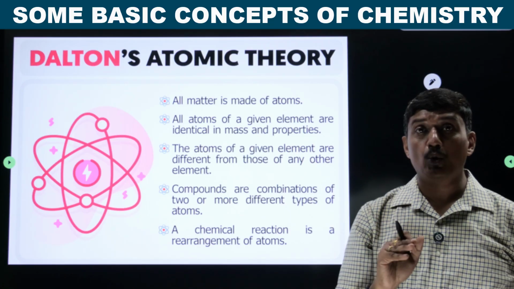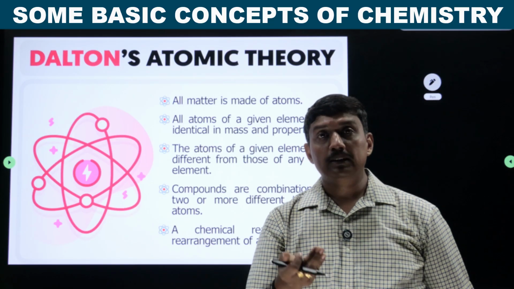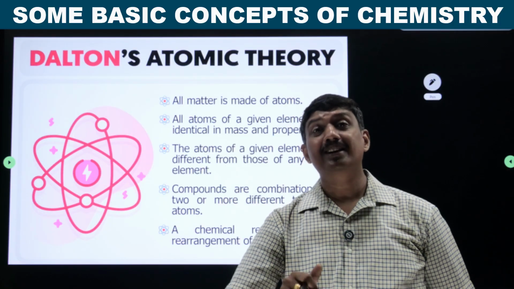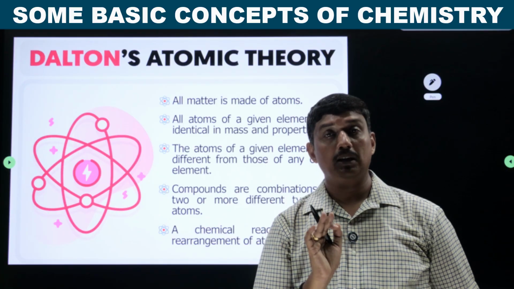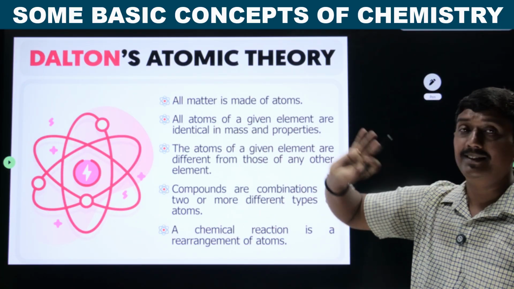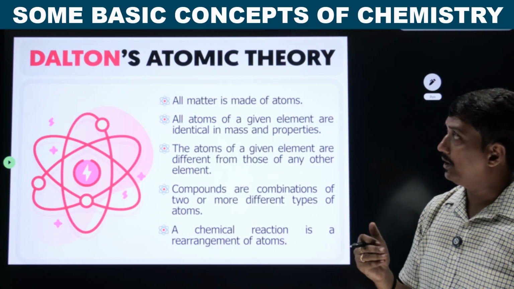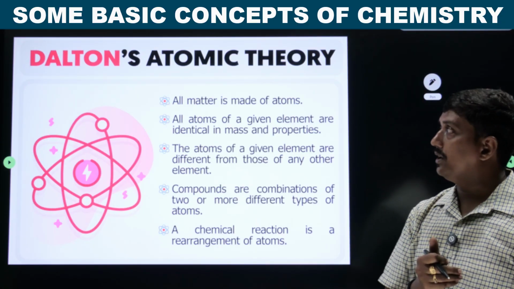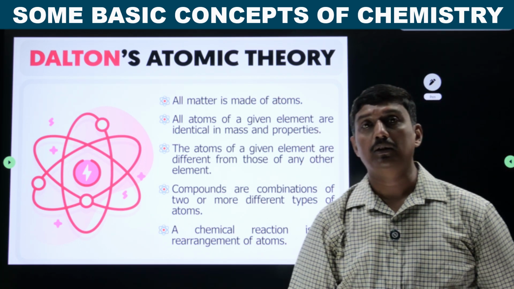There might be no scientific support to prove it. This theory should be proved scientifically. It might be correct, may not be correct. Hence, it is said to be a theory. It's just a proposal. So Dalton put forward a theory, which is said to be Dalton's atomic theory.